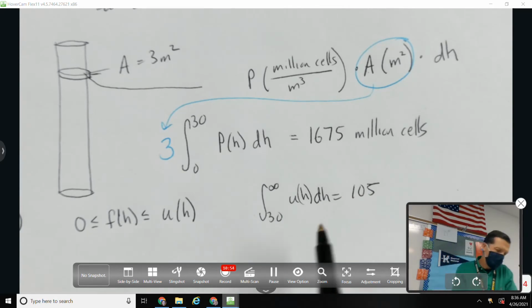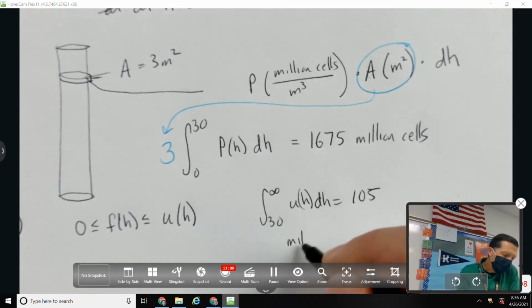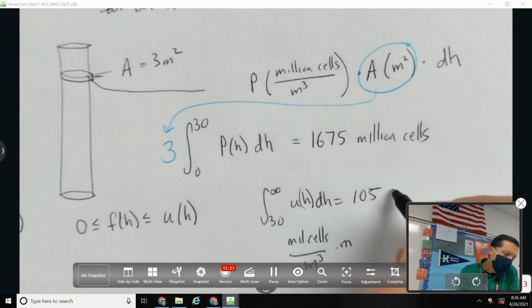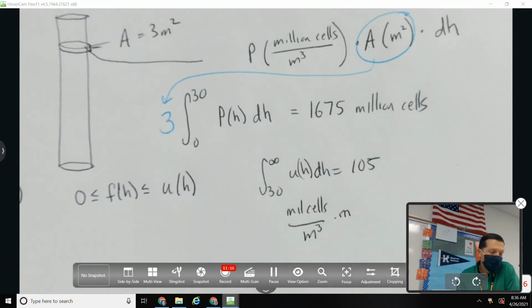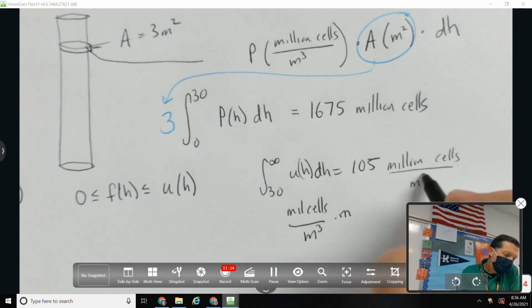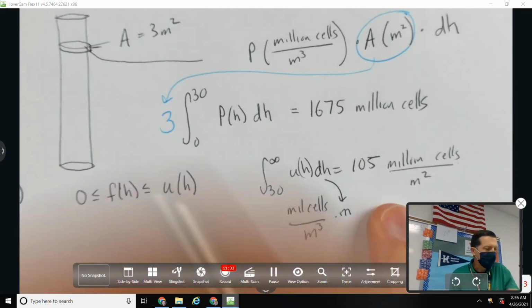So they've integrated, so they're adding up all of the plankton that's in there from 30 to infinity, although this was million cells per meter cubed times meters, so that 105 would be million cells per meter squared. I don't know if this is going to matter or not, because we multiplied by dH. Again, I'm not sure that's going to matter, so let's keep going in this problem and see what it asks for.